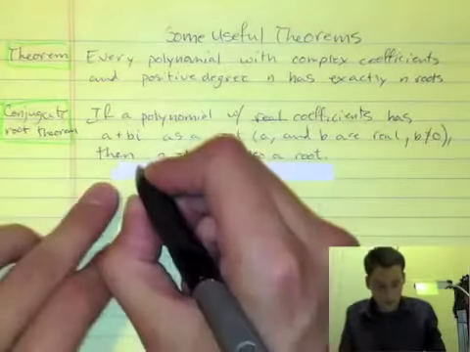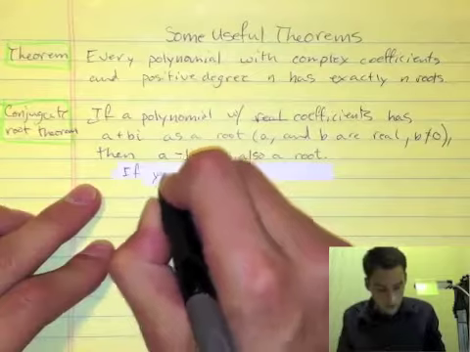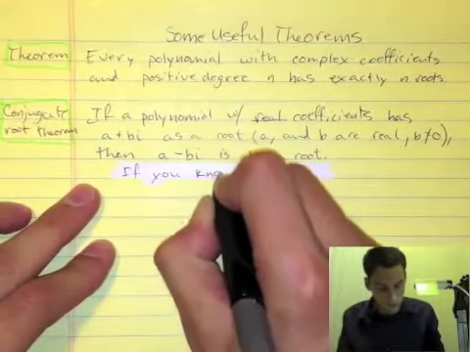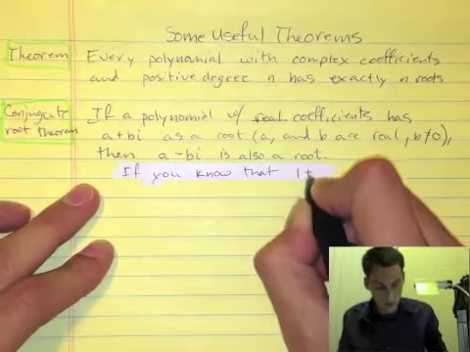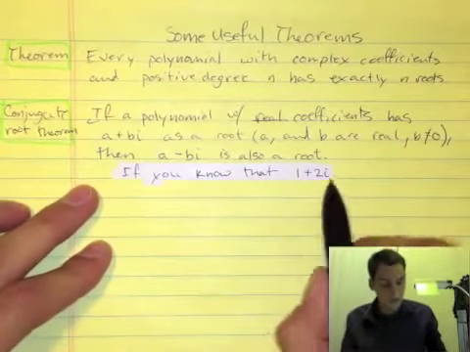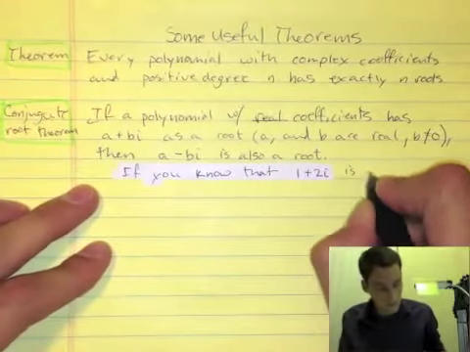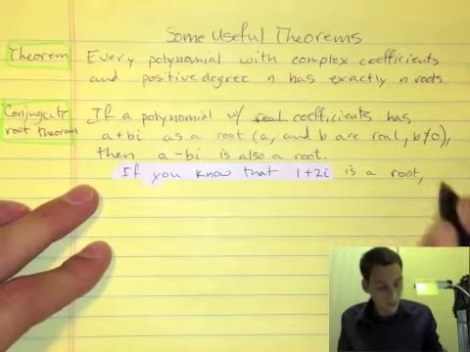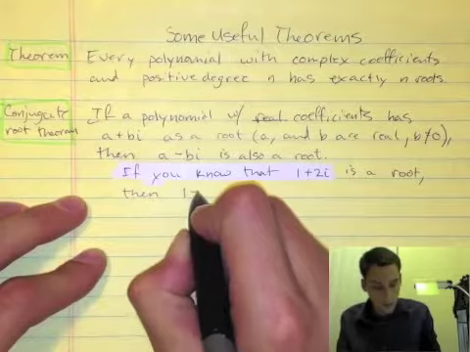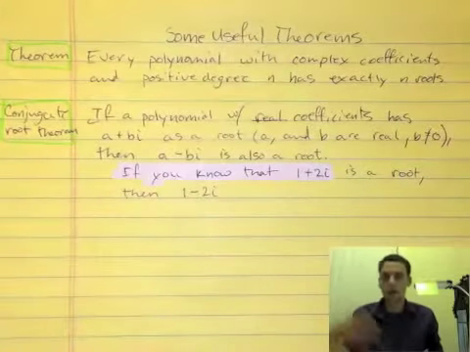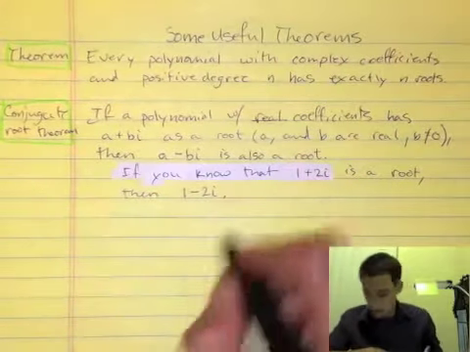So, for instance, if you know that 1 plus 2i is a root, then you also know 1 minus 2i, which is the conjugate, is a root.